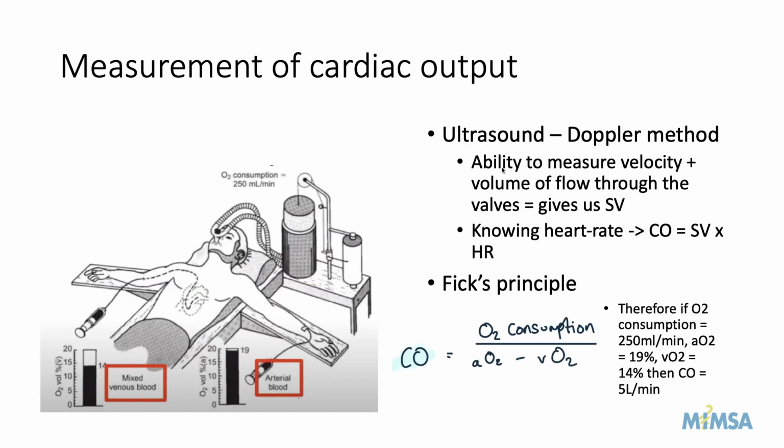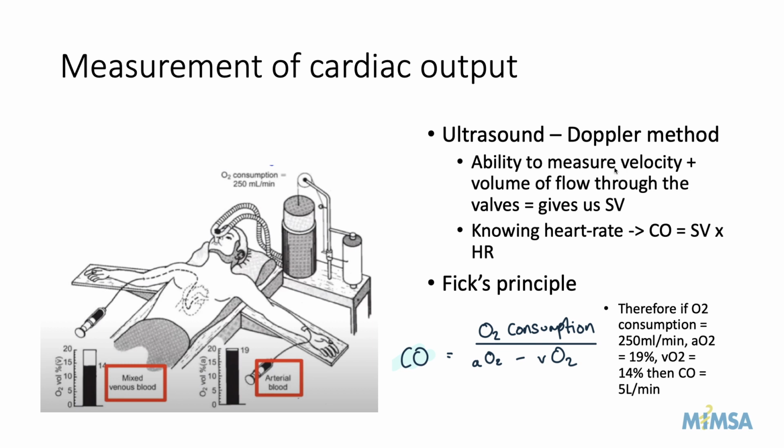And then these are the ways that you can measure cardiac output. One of the main ways that cardiac output is measured is via ultrasound, via the Doppler method. I'm not sure if you remember biophysics, but the Doppler method basically allows you to measure both the velocity and volume of flow through an artery, or in this case through the valves.